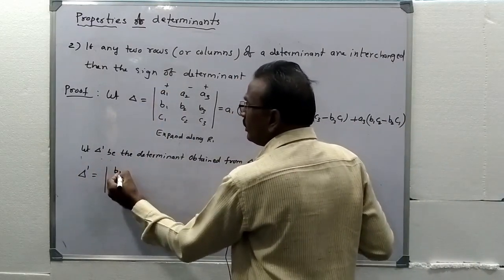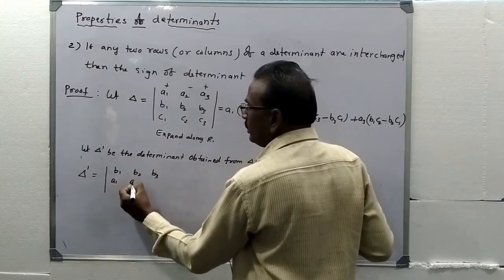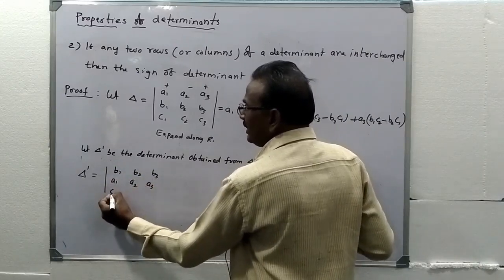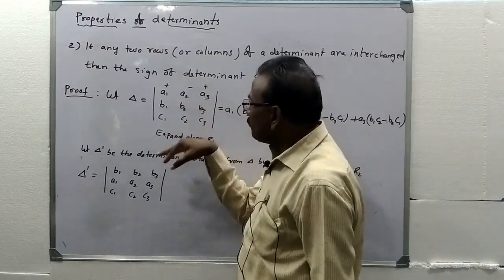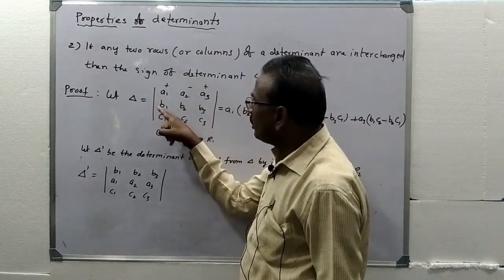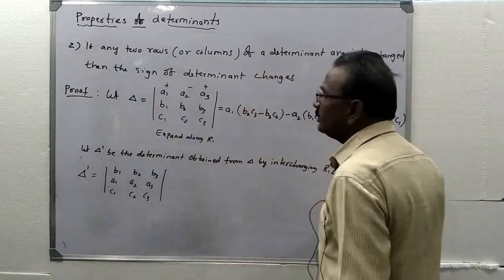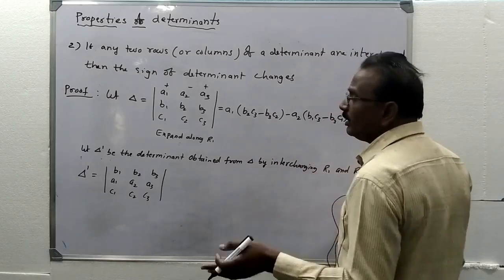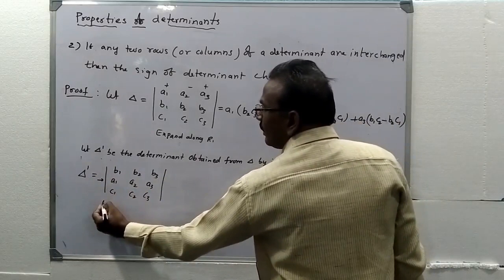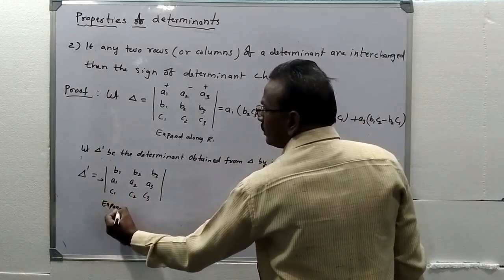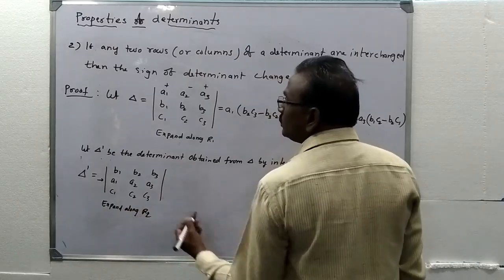That is b1, b2, b3, a1, a2, a3, c1, c2, c3, the same. Just R1 and R2 are interchanged. So conveniently, I will expand along R2. So what are the signs?